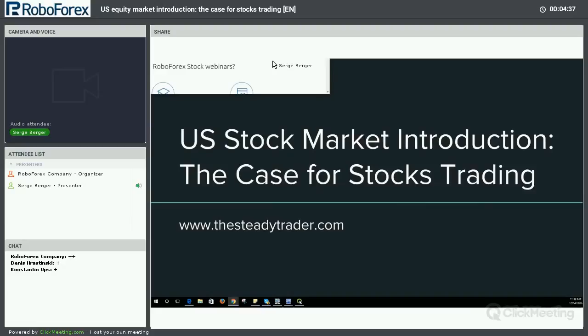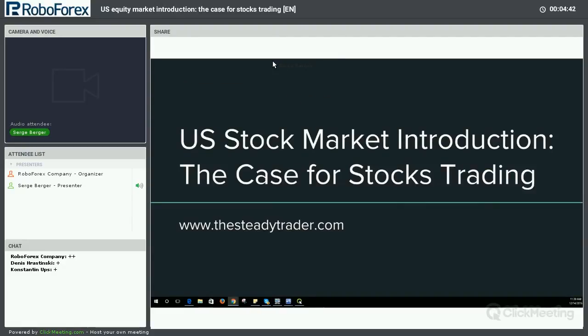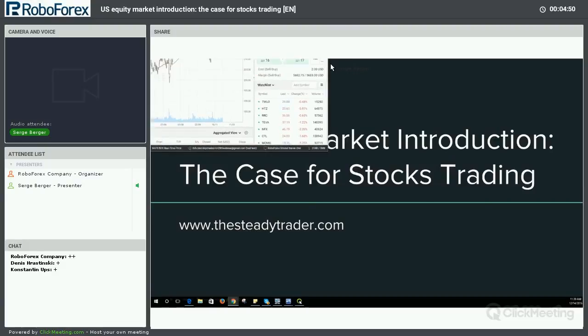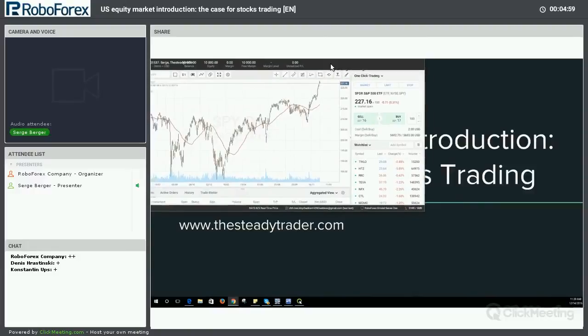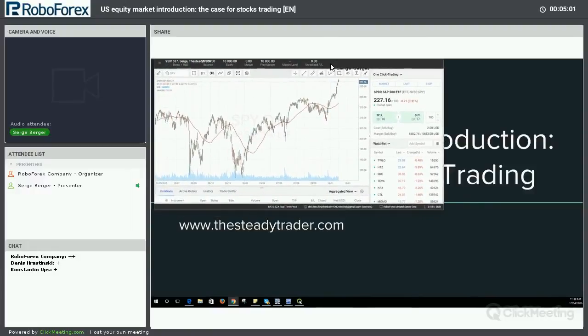All right, let's get right into the meat of the presentation. During the presentation I'm going to be going back and forth between some slides that I prepared and the Roboforex trading platform, which looks something like this.